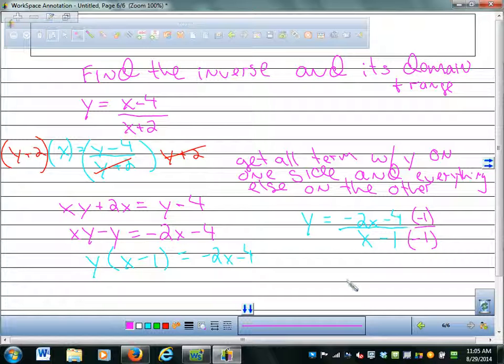Because if I multiply this by -1 over -1, I get y equals 2x plus 4 over 1 minus x. -1 times x gives you negative x, and -1 times -1 gives you positive 1. That's a little bit nicer than the form up here. See that?